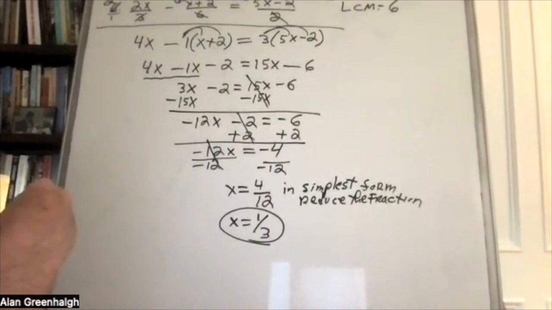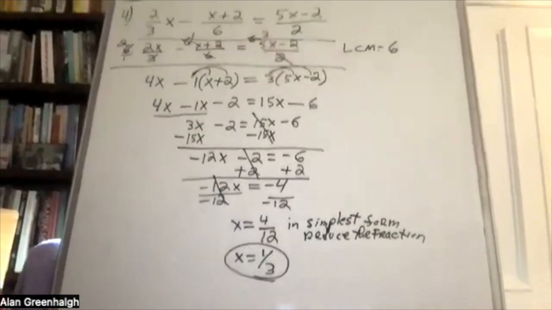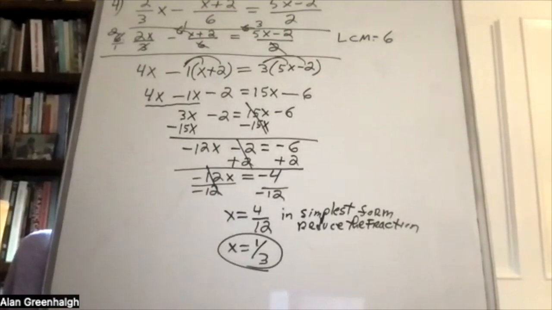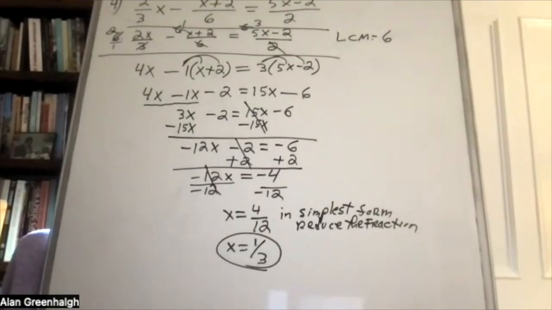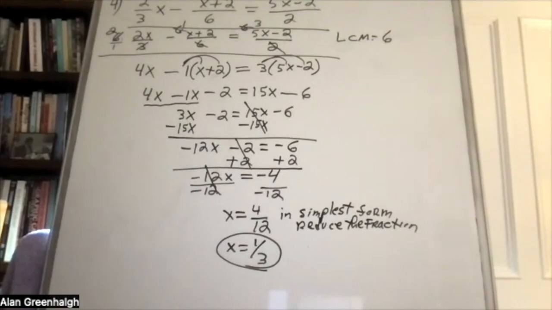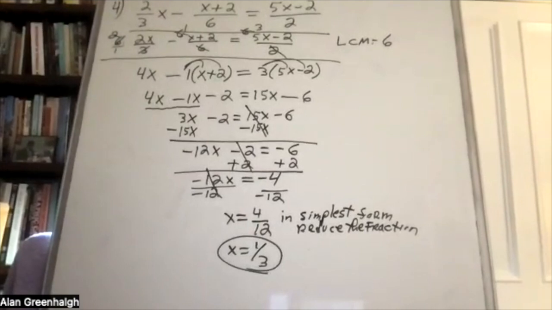I'll let you look at that for a few moments. If you have a question, I'd be happy to do my best to answer your question. Hello. Estefany. Hi, I just have a quick question. Sure. After all the math we did, it ended up being -4 over -12.